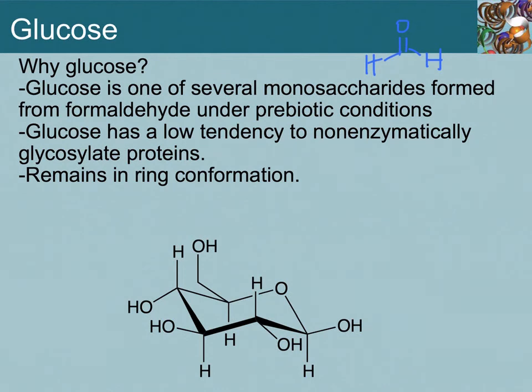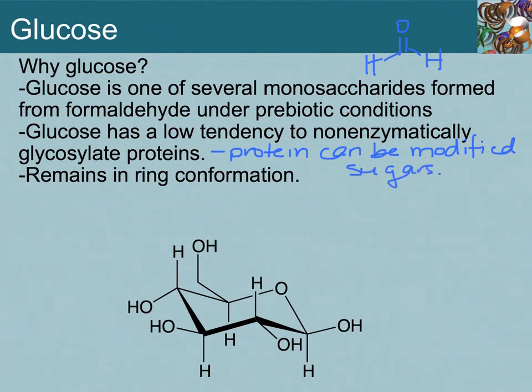Second, glucose has a low tendency relative to other monosaccharides to non-enzymatically glycosylate proteins. The proteins can be modified with sugars. And glucose has a low tendency to do this compared to other sugars.